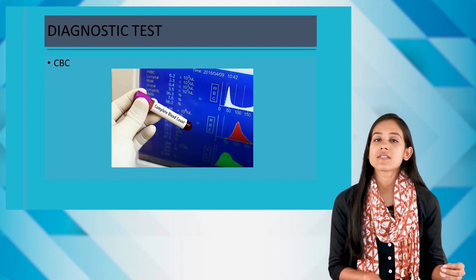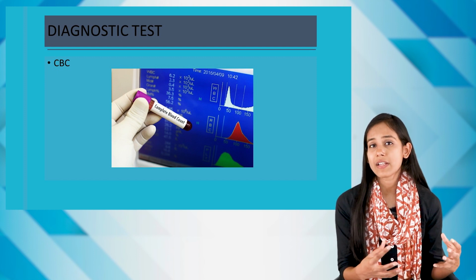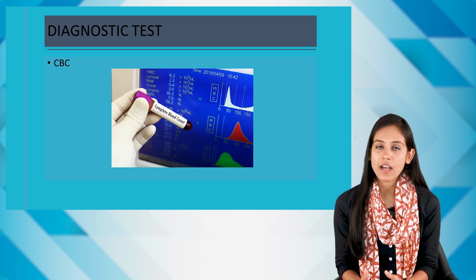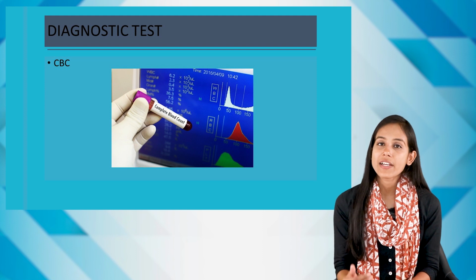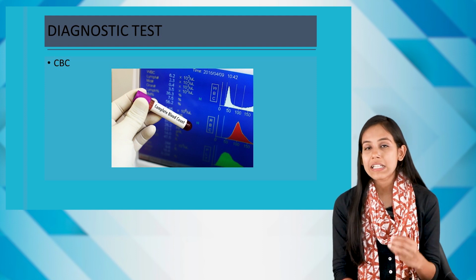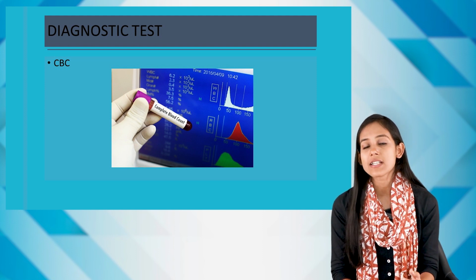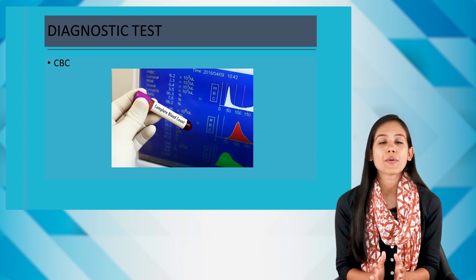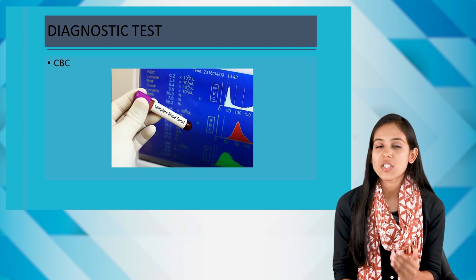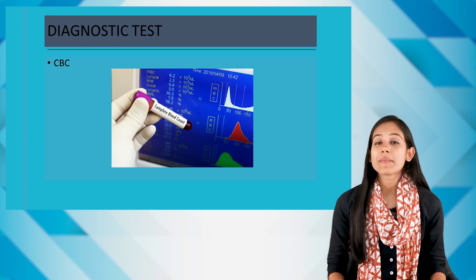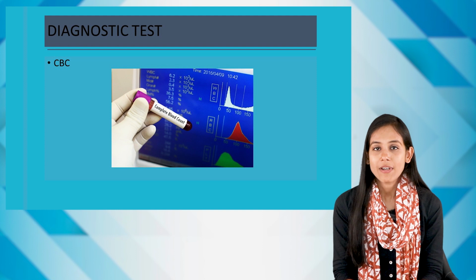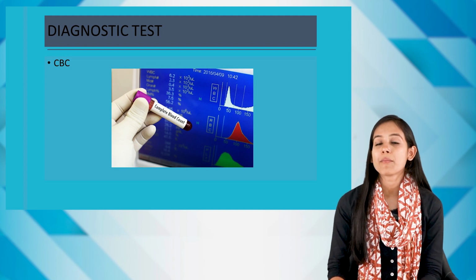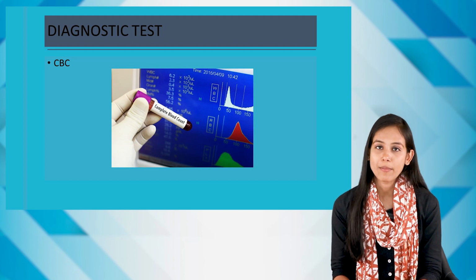So if it is a type of leukemia where the WBCs are affected, then there would be an increase in the WBCs, but definitely there would be a decreased number of mature WBCs, because remember, the leukemia cells would be immature, right? So definitely we can find a decreased number of mature WBCs.